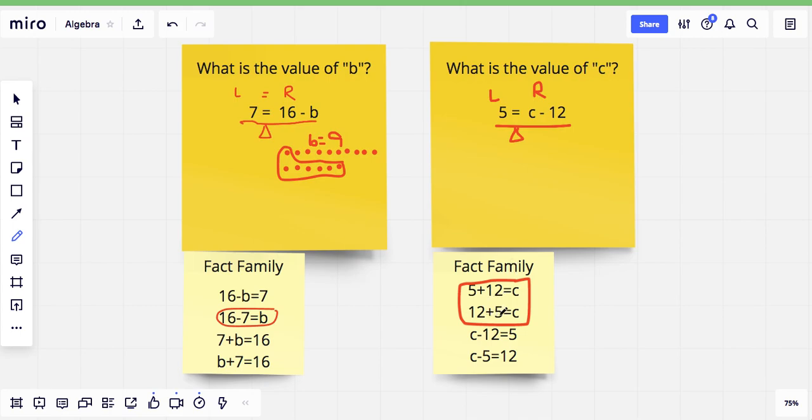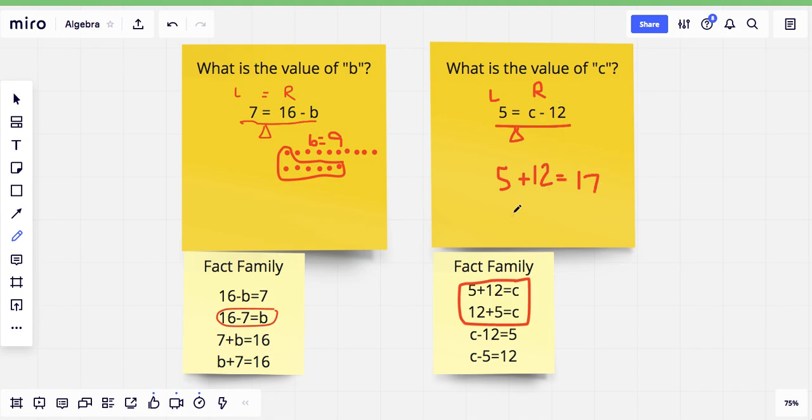Well, I can use one of these problems down here, I can do 5 plus 12, and that is going to equal 17. All right, so let's just do a check now.